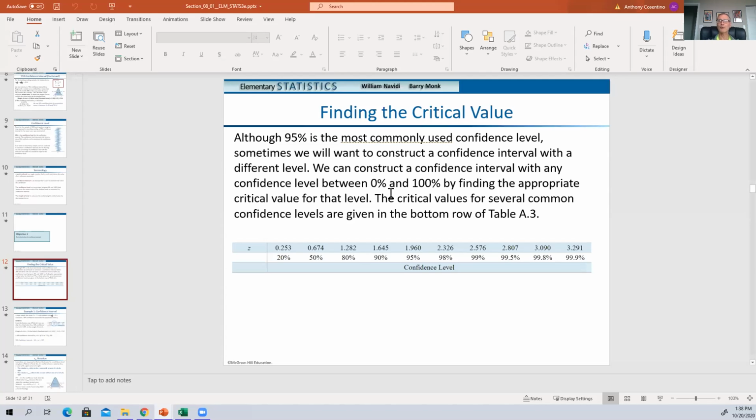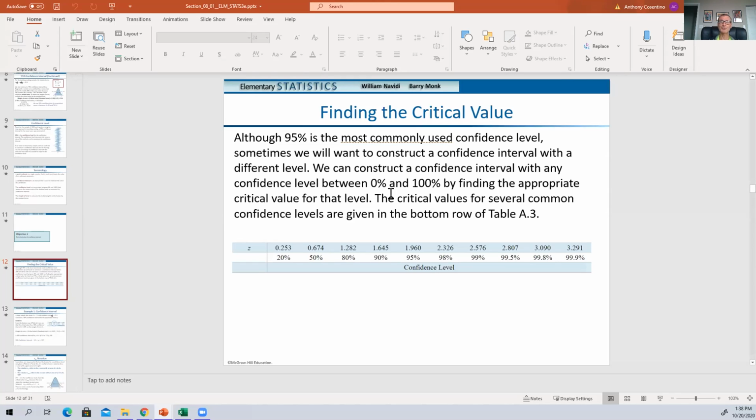And so when you are looking for common confidence levels, how do we construct the margin of error? We need the z-score, right? And the z-scores for common confidence levels are shown right here, and you can get them right out of the table.